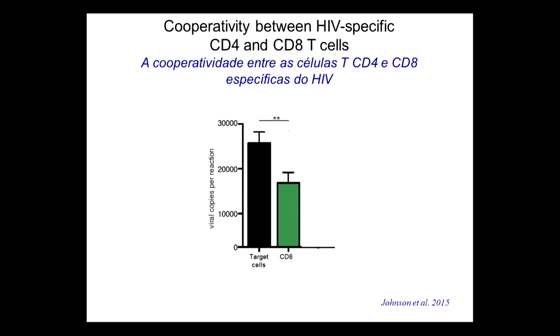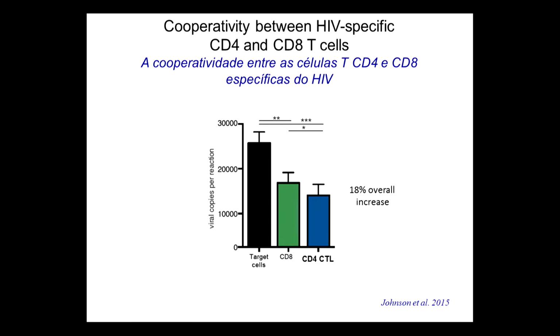We performed a simple co-culture assay, again with CD4 T cells infected with HIV as target cells, and added CD8 T cells that inhibited viral replication. When we then also added the cytolytic CD4 T cells, we got a modest but significant increase in the ability to inhibit viral replication.